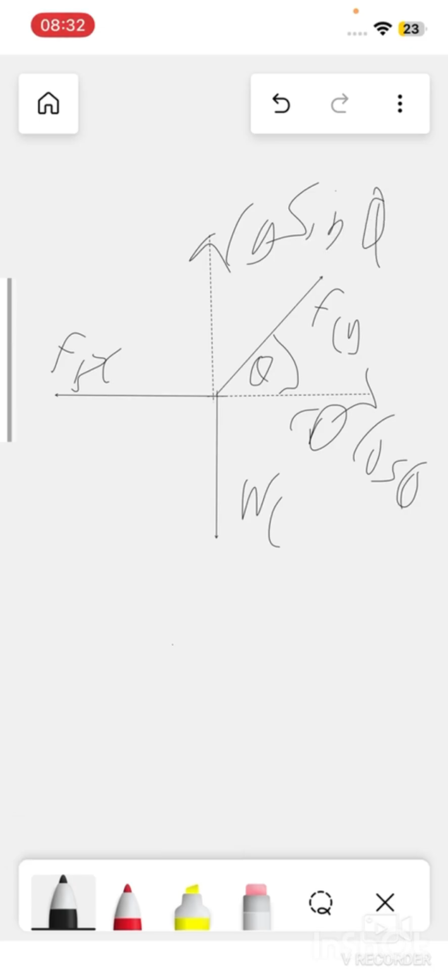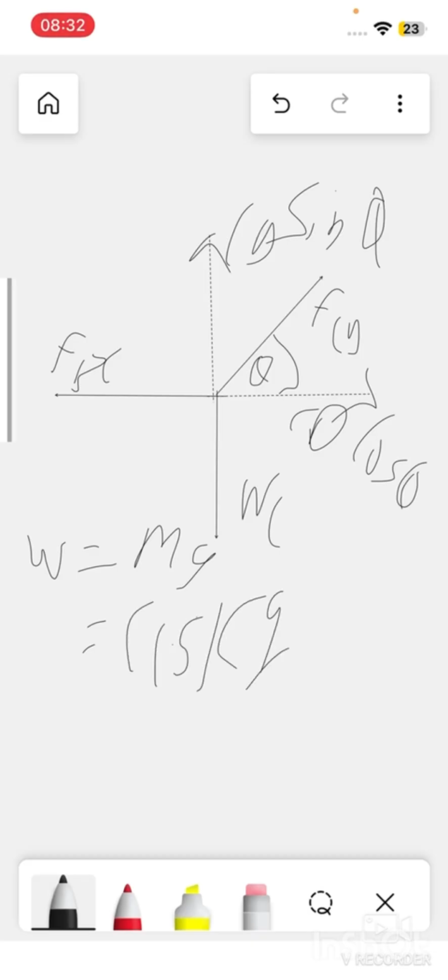Therefore, we're going to calculate the W. We know W equals mg. The mass is 15, multiplied by 9.81, which gives us 147.15.